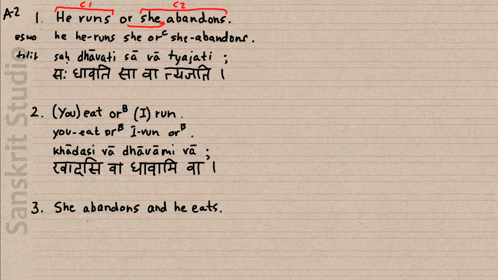Now we have the third one, she abandons, and he eats, and now we have no parentheses here, so we're dealing with separate pronouns. She abandons, and what we do there, we do he and he eats.